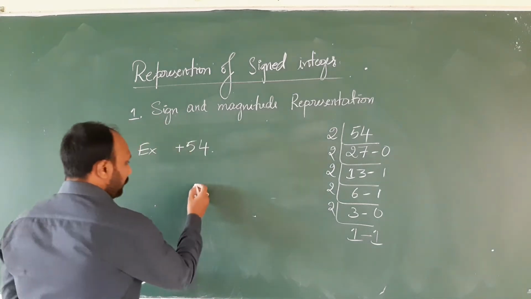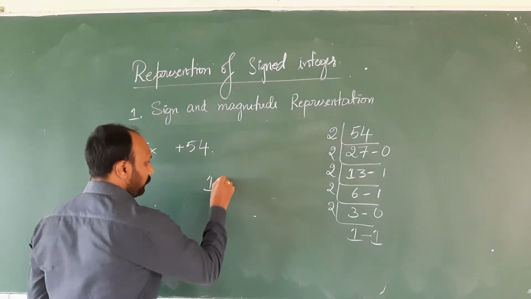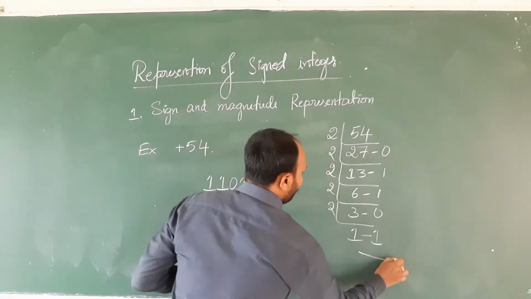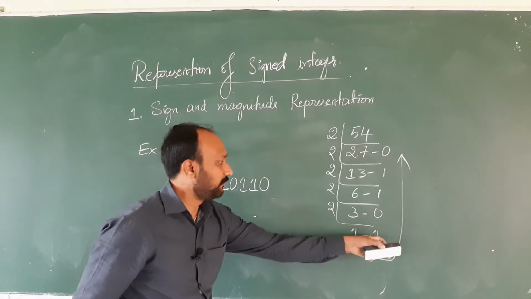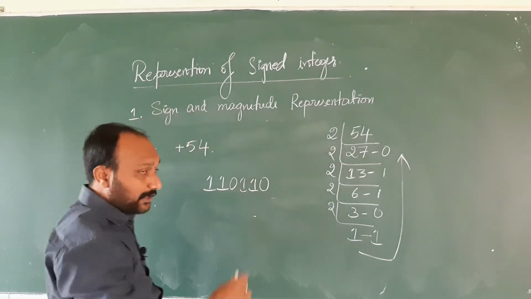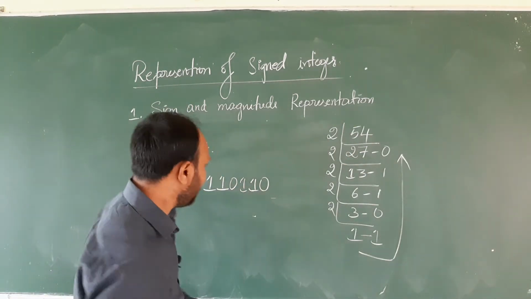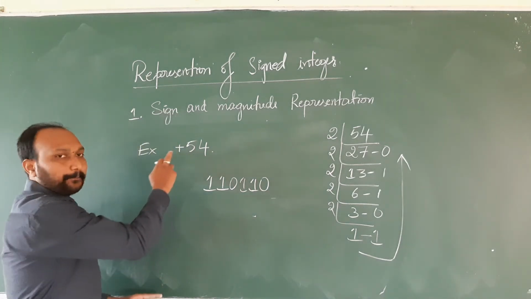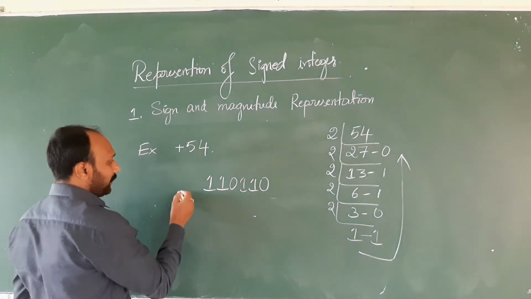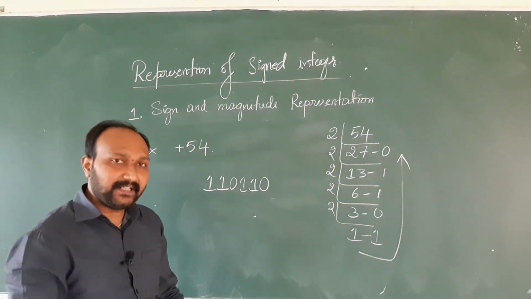What is the magnitude? The magnitude is 1 1 0 1 1 0. So we have written the magnitude. Now we need to represent its sign. What is the sign of 54? Positive is the sign. So the positivity can be represented, as I said earlier, by adding a bit.